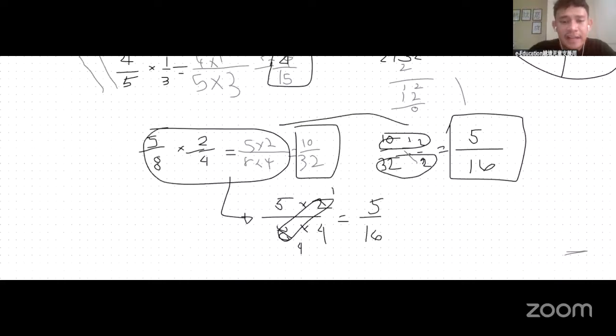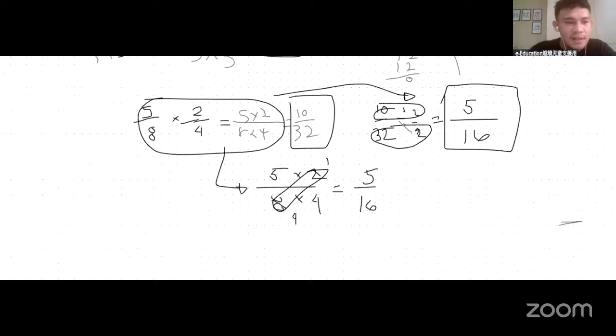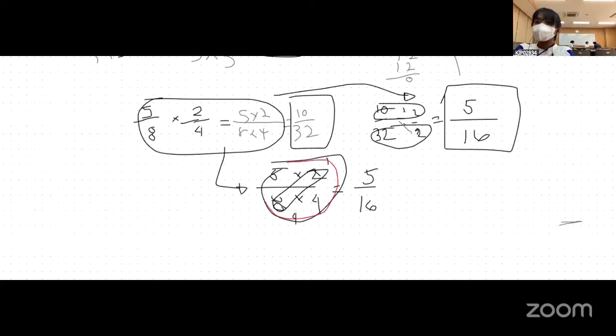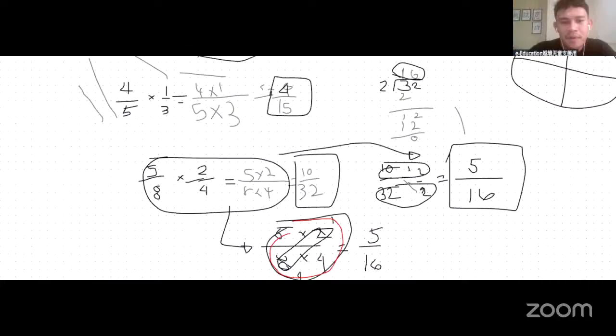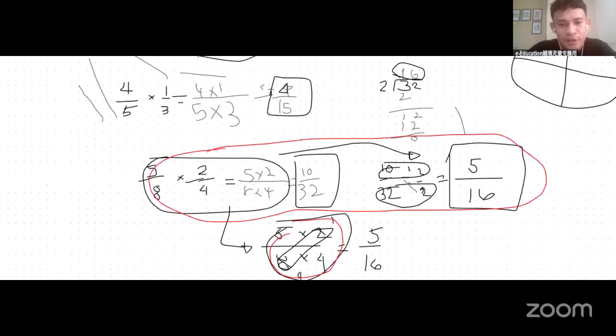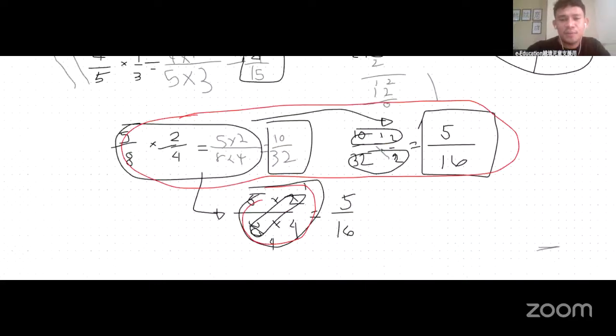Because I have a feeling that you might get a lot of errors when you do this. So I want you to focus more. I want you to unlearn this habit first and then focus on this new one I have taught so that you can get fewer errors. Because this is the original, the most basic, and this is what you call the shortcut. So yeah. Did you understand our topic today, Aaron, or was there something confusing?